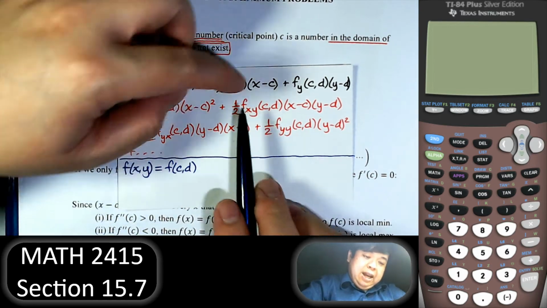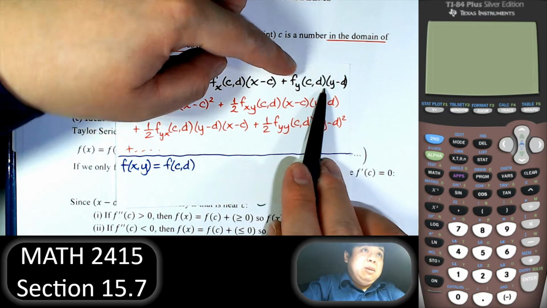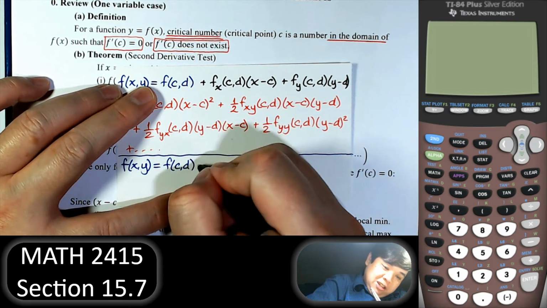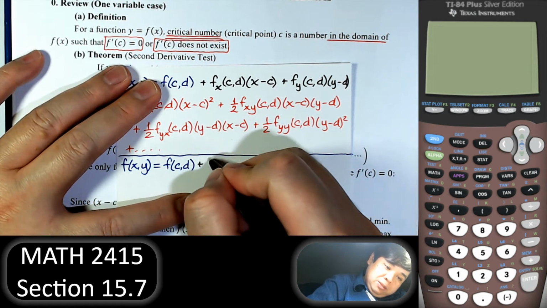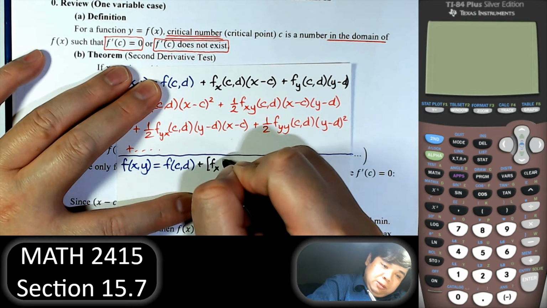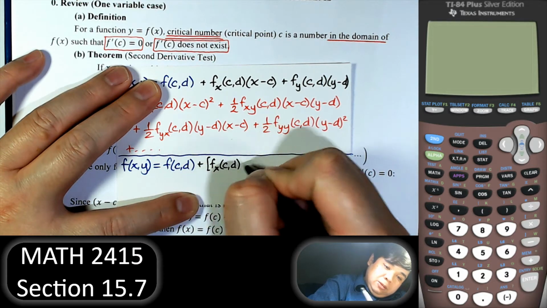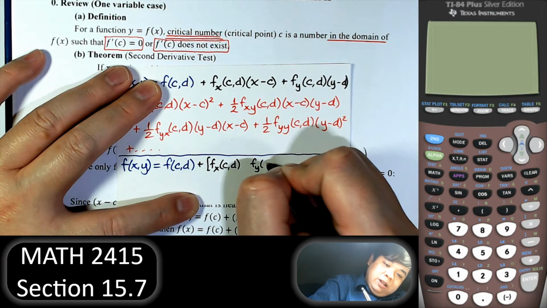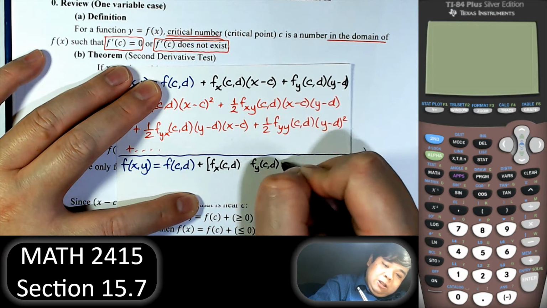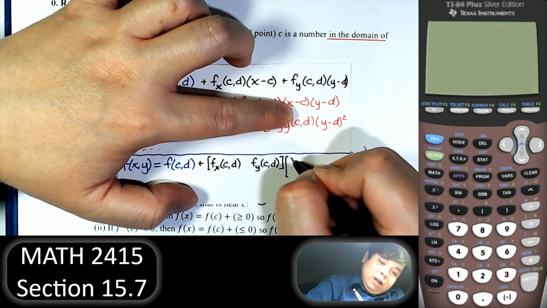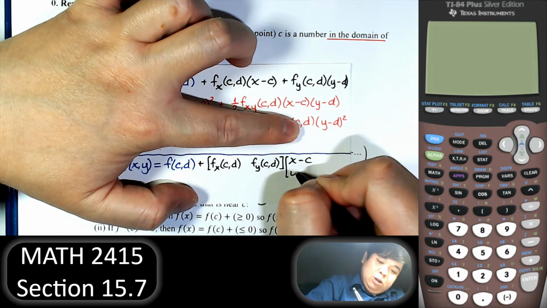Right. Now I will combine this together. Remember, I have the Jacobi matrix, the matrix of partial derivatives. And then I multiply by the matrix (x minus c, y minus d).